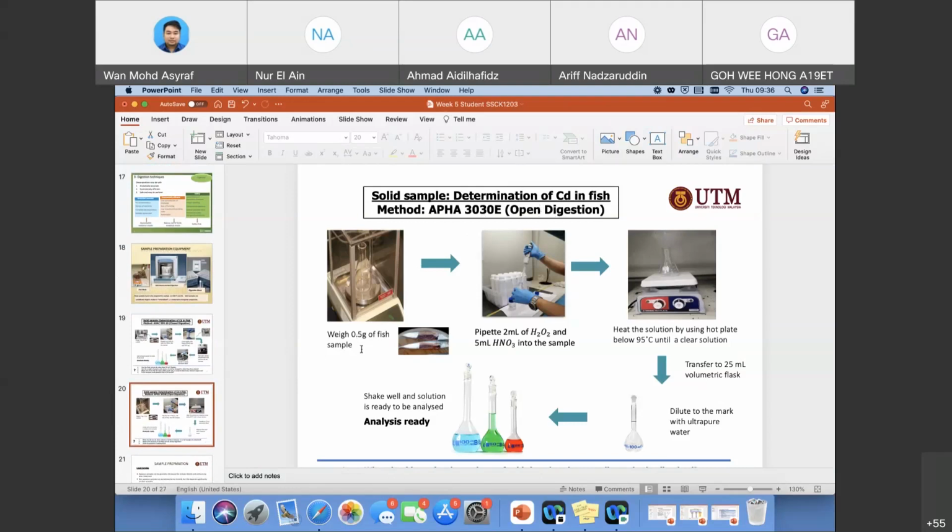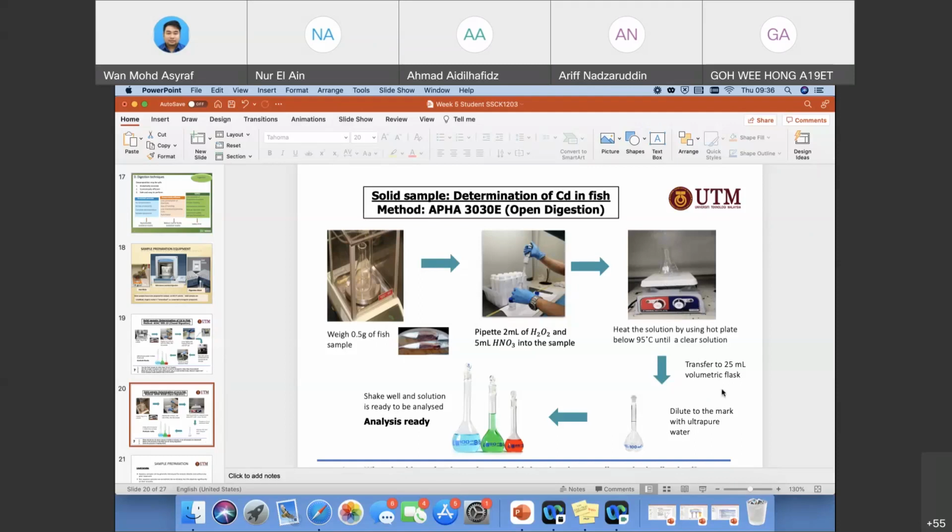So basically it's the same with 0.5 gram of sample, and then you add your peroxide and nitric acid, and you put it onto a hot plate below 95 degrees Celsius until a clear solution is formed. If there is any suspension, you just need to get the clear part of it.